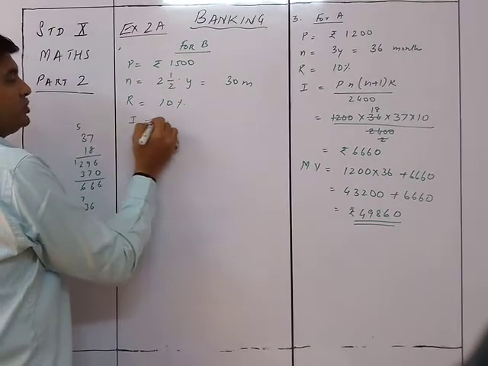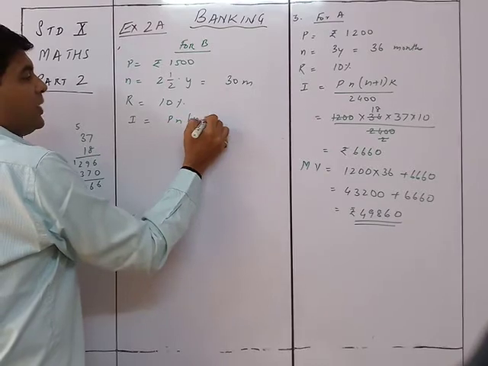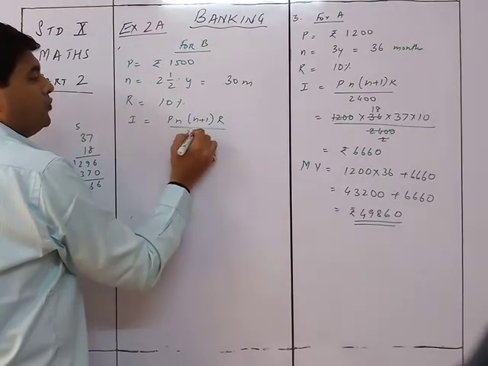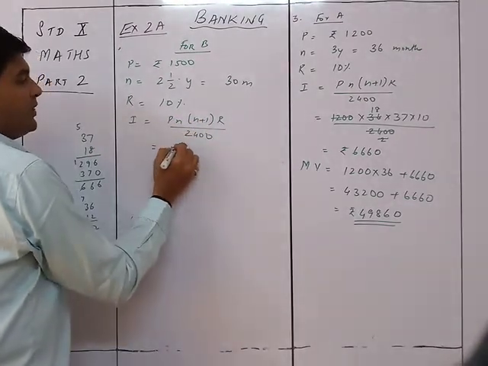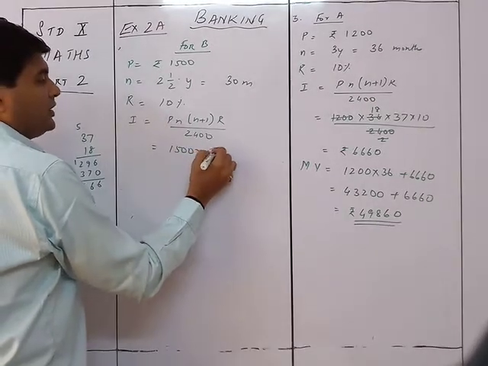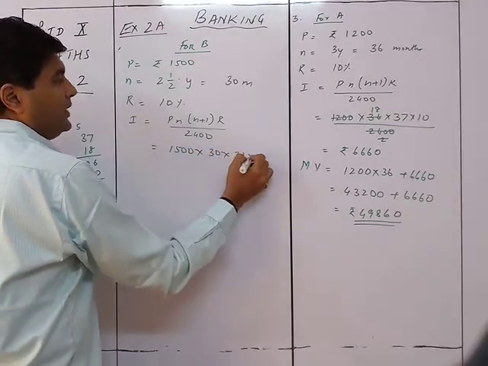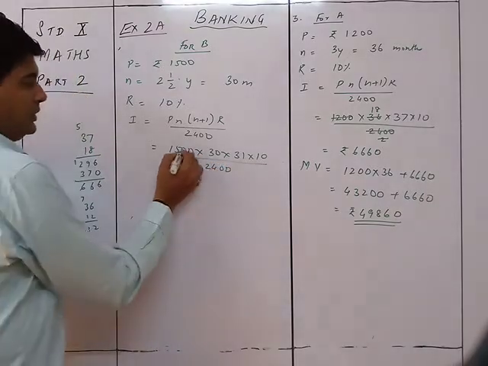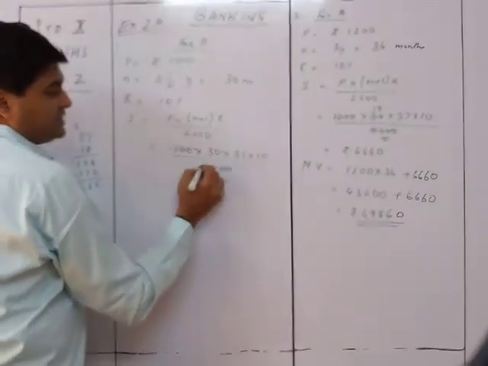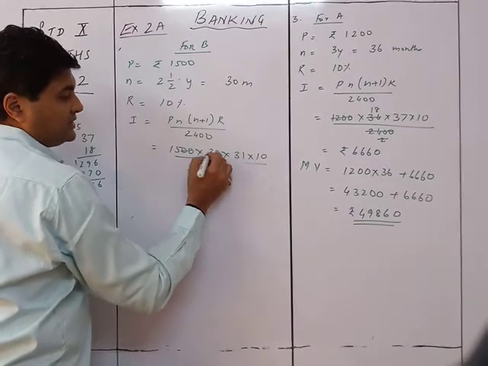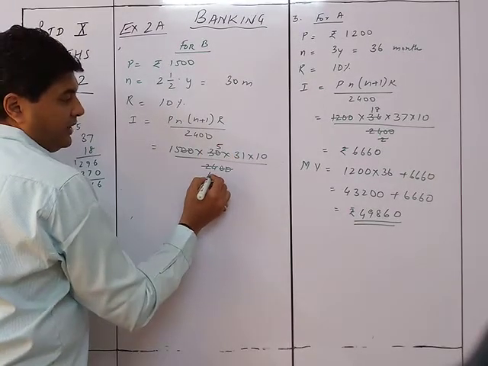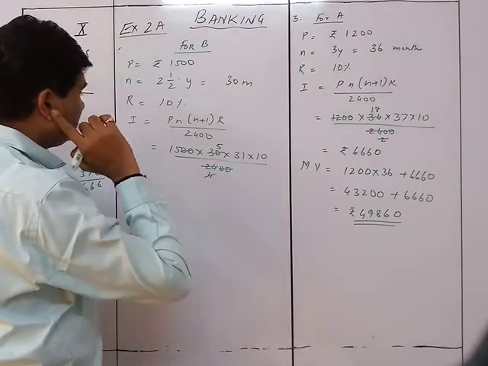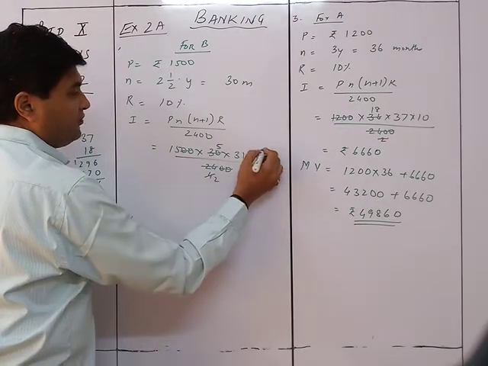So I is equal to P into n into (n plus 1) into R upon 2400. That will be 1500 into 30 into 31 into 10 upon 2400. The 00 gets cancelled, and we cancel further.